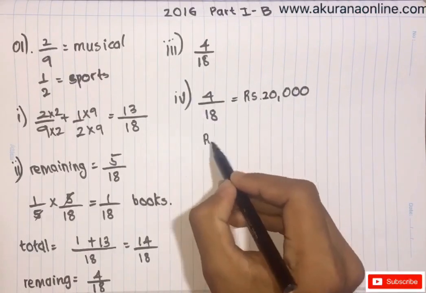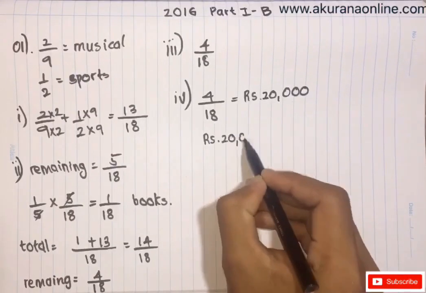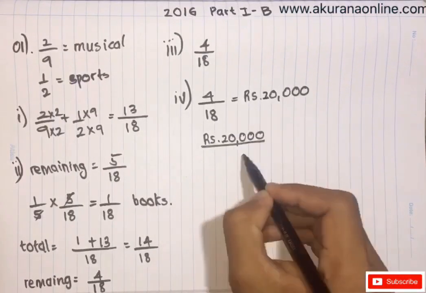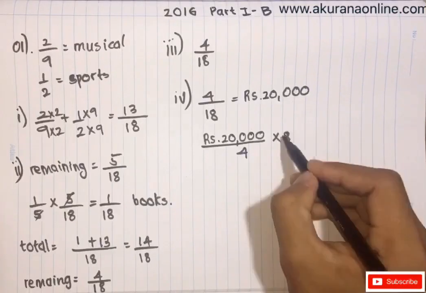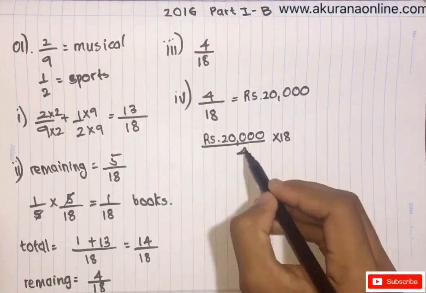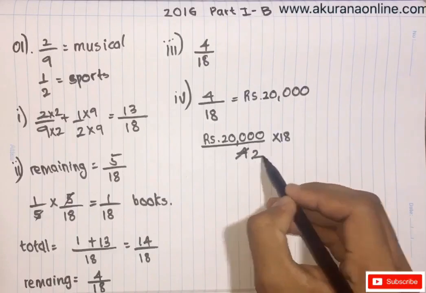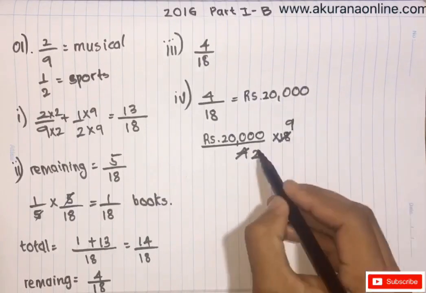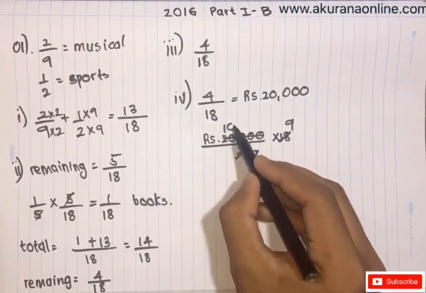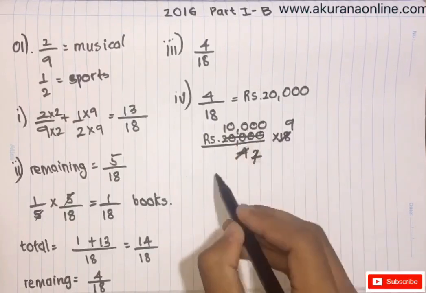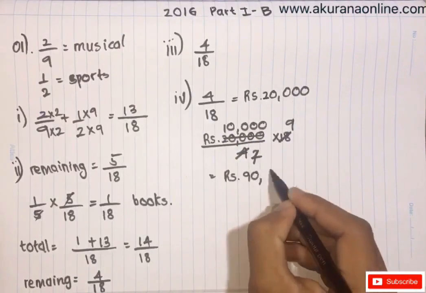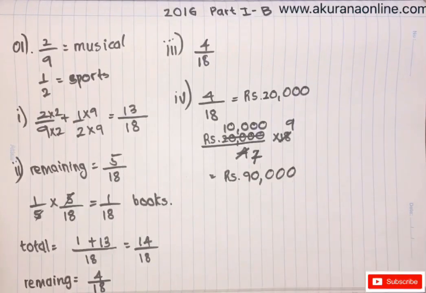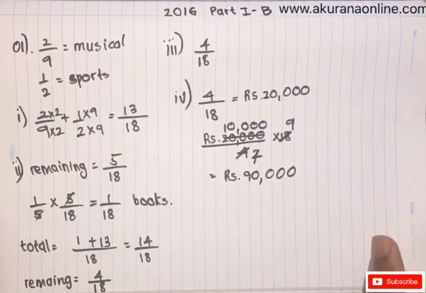So you can directly divide 20,000 by 4 and multiply by 18. If you divide this by 2, you have 10,000. So 10,000 into 9 is equal to 90,000. This was the total amount that was donated by Kitsiri.